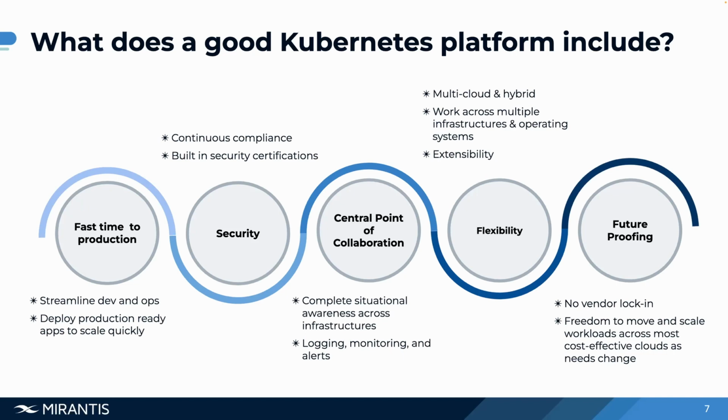Central point of collaboration, as I already shared during the Lens presentation. You don't want to download your kubeconfig and then share that across the board, right? You want to keep that kubeconfig file within a central point and manage that centrally and collaborate centrally through one single pane of glass. That eases the whole process. It also helps collaboration and troubleshooting.